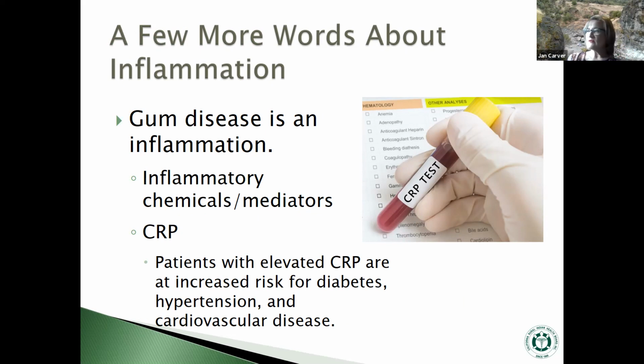Because of all the inflammatory chemicals that are flying around the body now, and because of the elevated CRP, now you've got a higher risk for diabetes, hypertension, cardiovascular disease. And so that's really the key. So when we talk about the relationship between heart health and periodontal health, we're talking about managing inflammation.